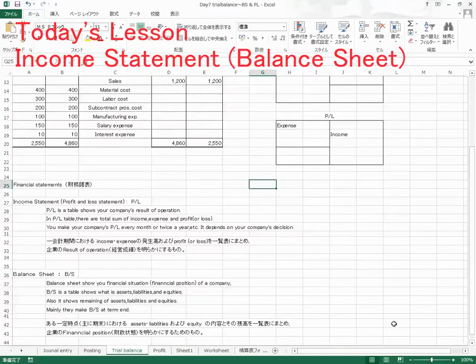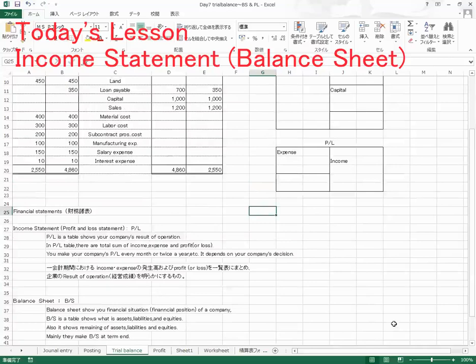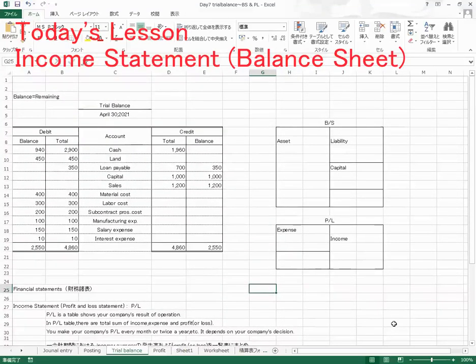Almost all companies make a BS at term end. So you see which is bigger: assets, liabilities, or capital. The components of BS are cash and land assets, loan payable liabilities, and capital equities.